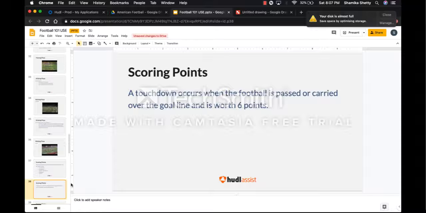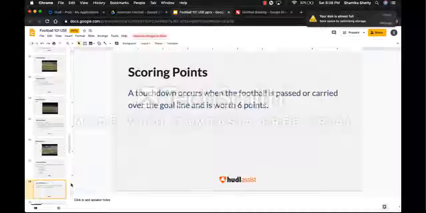Like we said, there are ways of moving the ball across the field. The team that has the ball is the offensive team. The offensive team has 2 ways, either to run with the ball or pass the ball to a member who is close enough to the goal line, and they are able to score a touchdown.